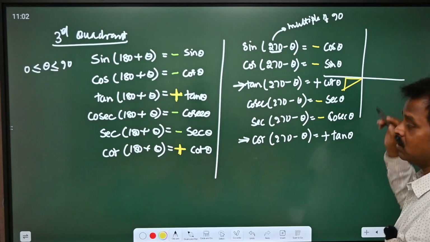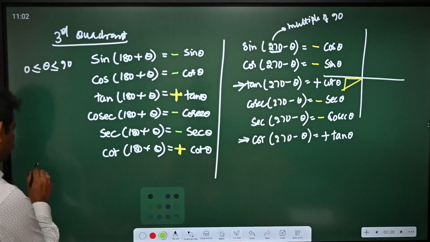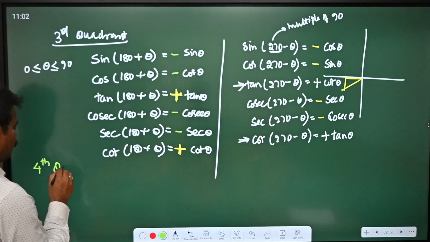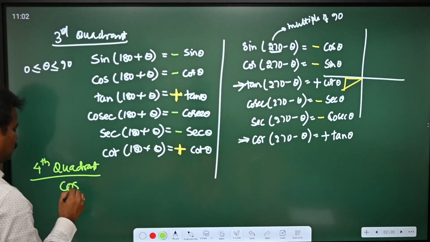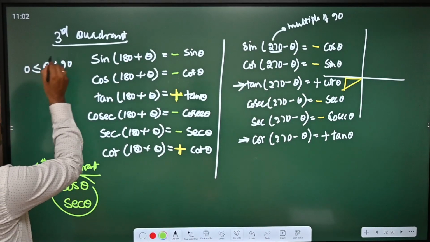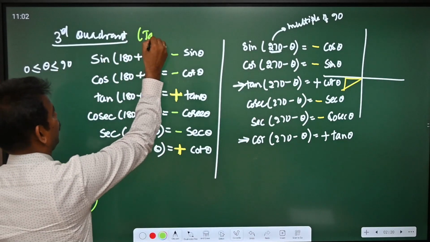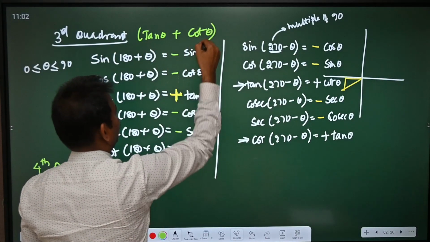Now we will see the fourth quadrant also. In the fourth quadrant, cos theta and secant theta are positive. Here tan theta and cot theta are not positive.